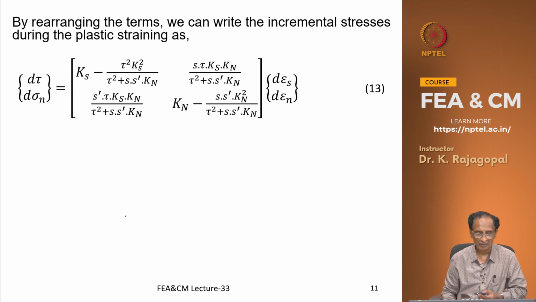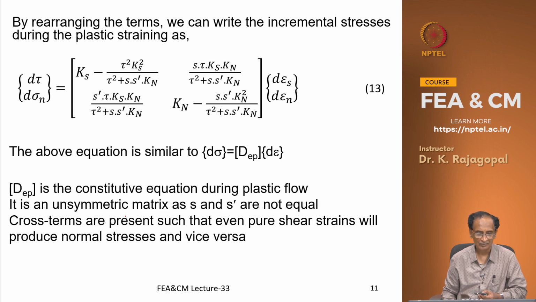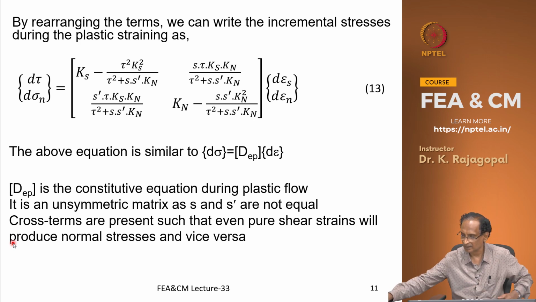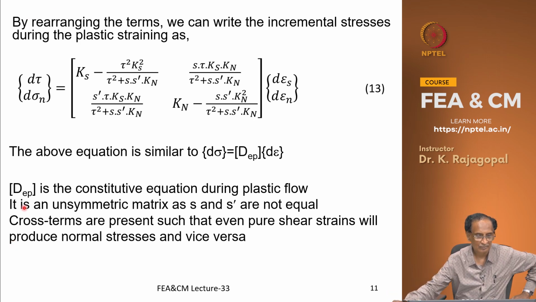So, by rearranging all the terms, we get this equation: d tau, d sigma n is this multiplied by d epsilon s and d epsilon n.